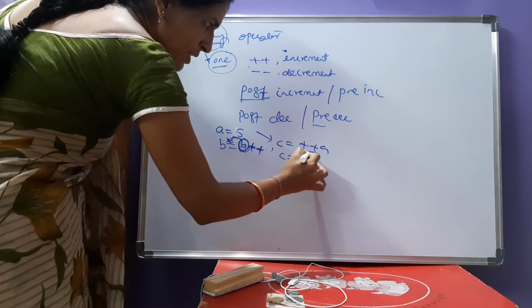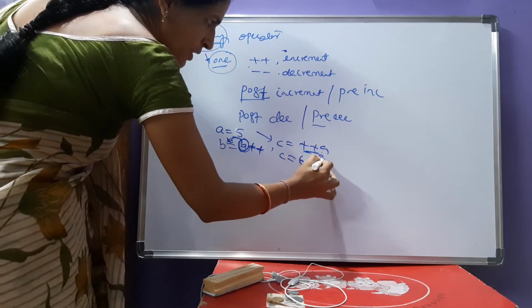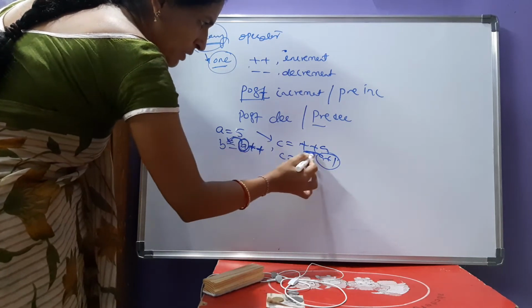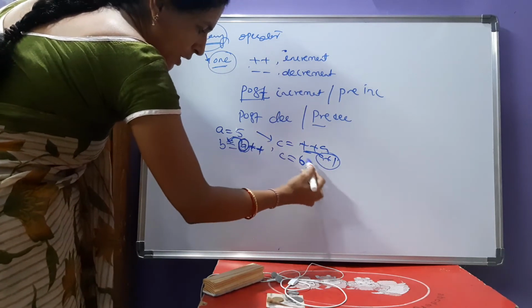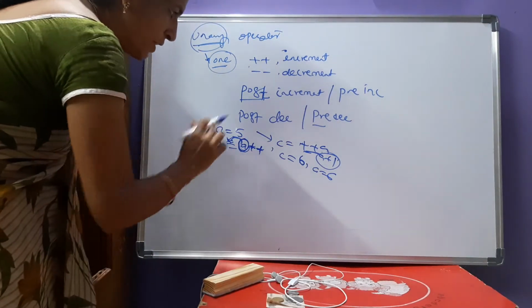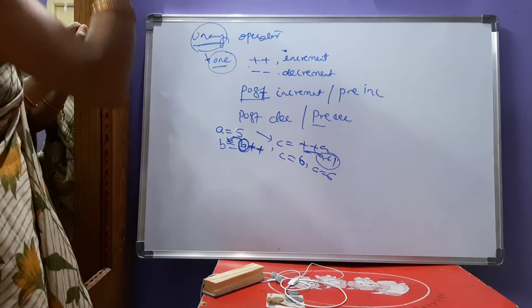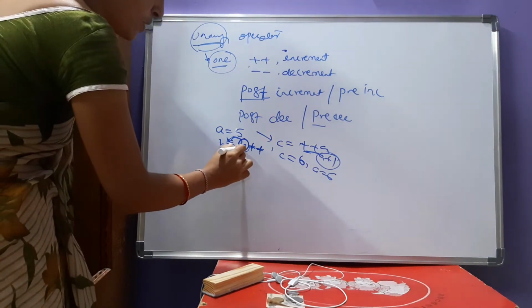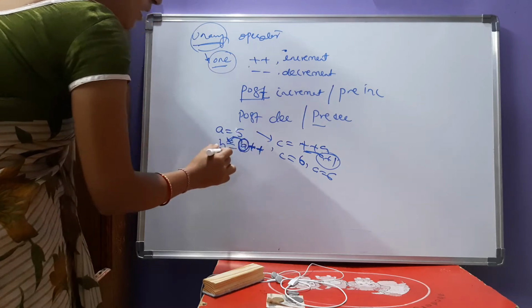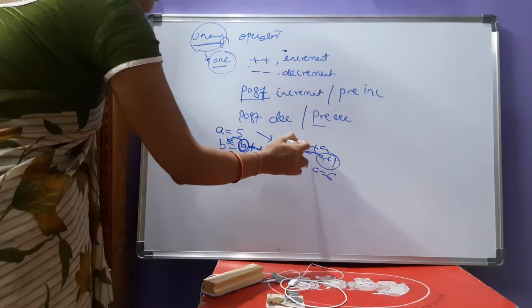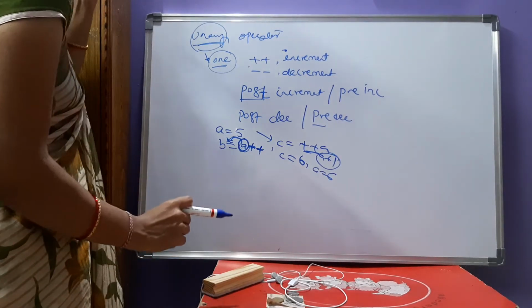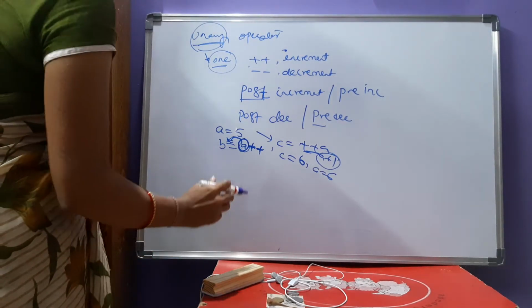That means the a value is incremented first, a plus 1, which is 5 plus 1, and that is assigned into c, so c equal to 6 and a equal to 6. So this is the difference between the pre and post increments. In the post increment, first the value is used and after that the value is incremented. In the pre increment, first the increment is done and after that the value is used.